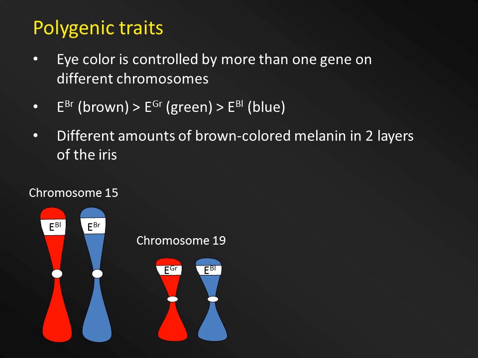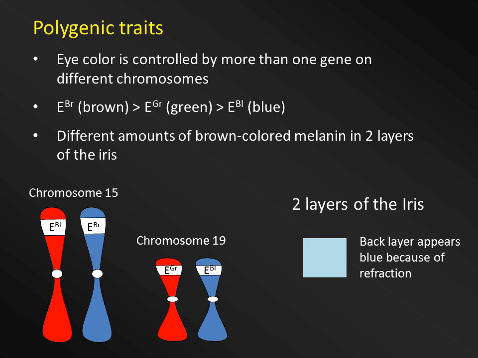Now, eye color is determined by different amounts of melanin that's laid down in two different layers of the iris. And melanin is typically associated with a brown colored pigment. In the back of the iris, the first layer, the brown colored melanin is laid down but appears blue because of the refraction and reflection of light rays off of this layer.